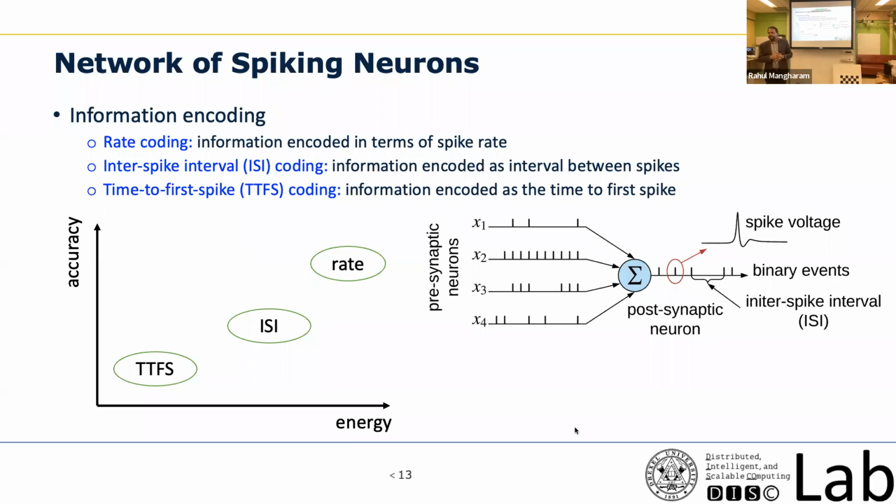Why is there an accuracy difference? Think about it: there is information loss happening when encoding. With time to first spike, you have a neuron and only one spike is coming, so you have to do all the processing of the threshold voltage and generate a spike based on only one spike.